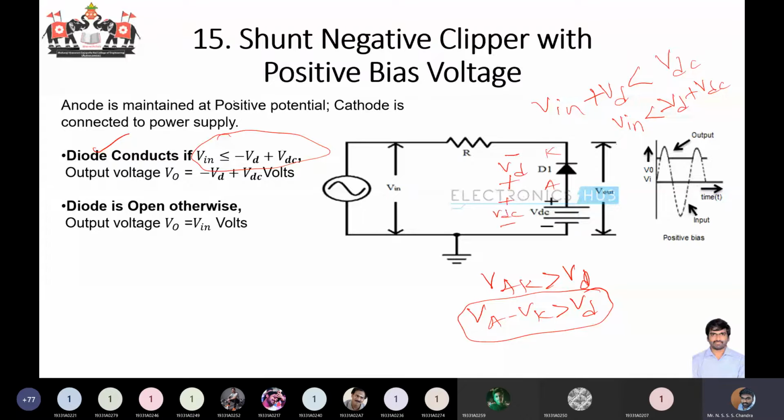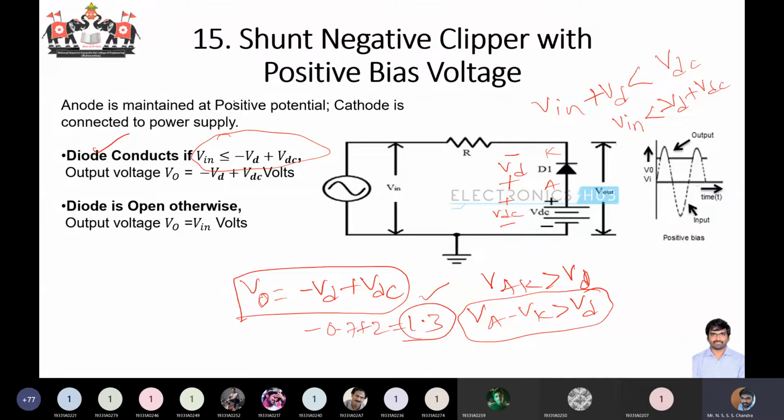So your V naught is equal to minus VD plus VDC. Okay, so the maximum output voltage that you observe when the diode is conducting is 0.7 plus 2, it's plus 0.1, 1.3. It's the maximum voltage you will observe when the diode is in on condition.